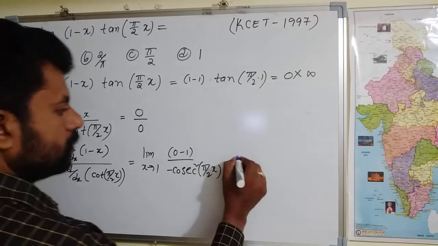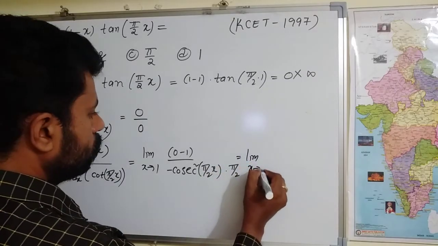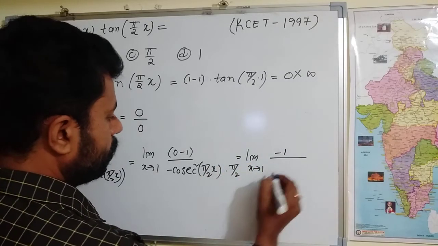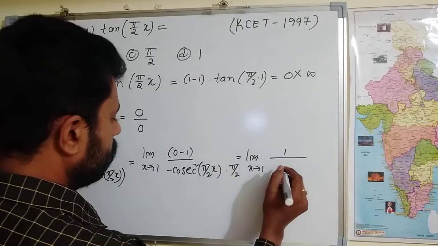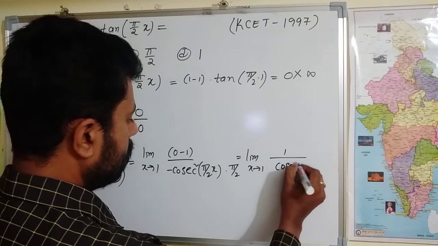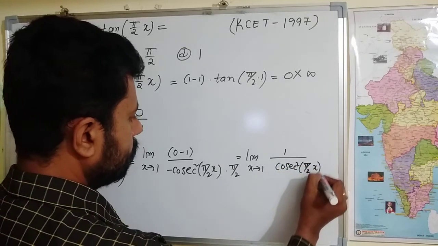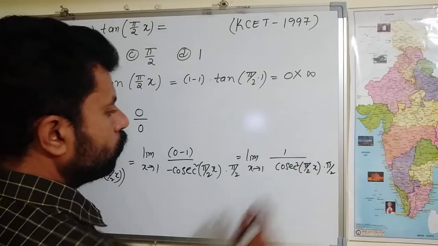See, now here this result can be written as the limit x tends to 1 of minus 1 divided by minus, see here minus minus is cancelled, can write directly 1 divided by cosecant square of pi by 2 x into pi by 2, or you can write 2 by pi.